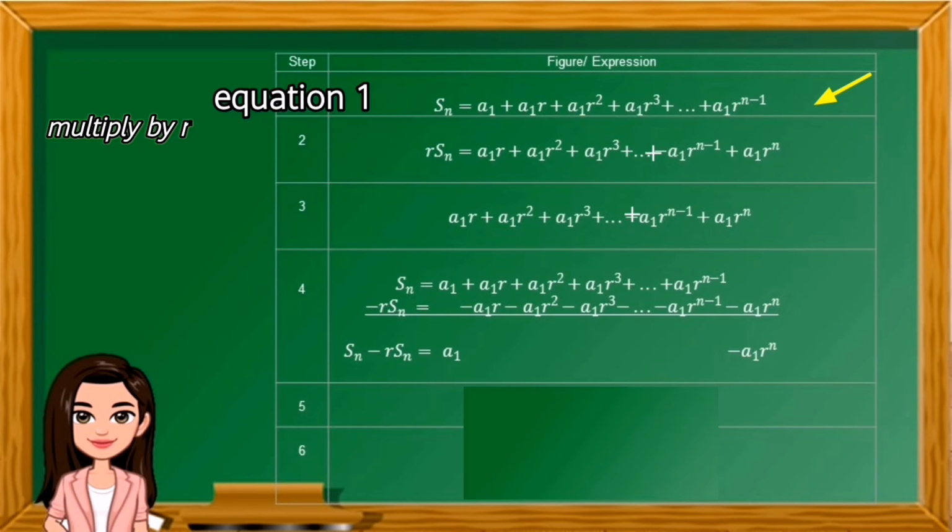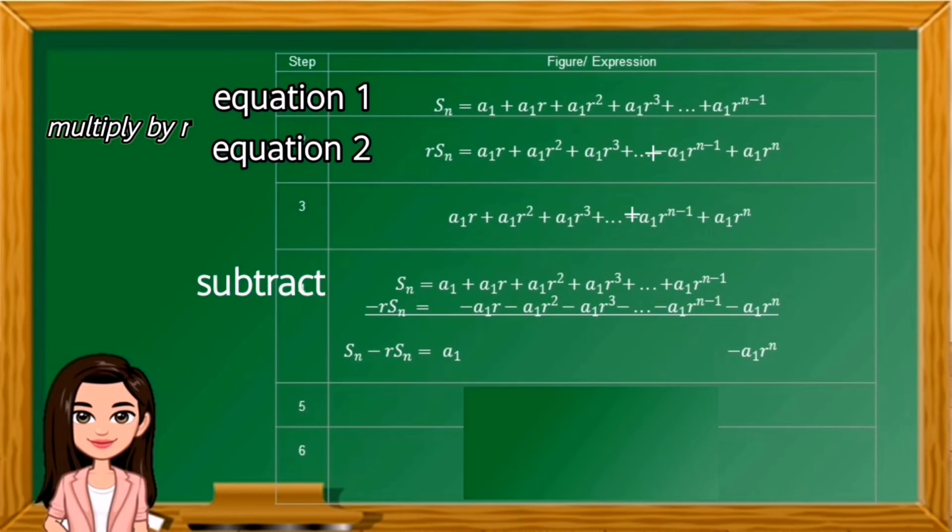Multiply equation 1 by r. That is, r S sub n is equal to a sub 1 r plus a sub 1 r squared plus a sub 1 r cubed plus, until, a sub 1 r to the n minus 1 plus a sub 1 r to the n. Notice that equation 2 and equation 1 have similar terms, that is, a sub 1 r plus a sub 1 r squared plus a sub 1 r cubed plus a sub 1 r to the n minus 1 plus a sub 1 r to the n.